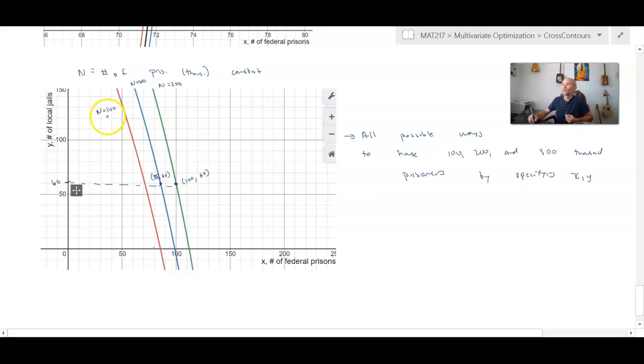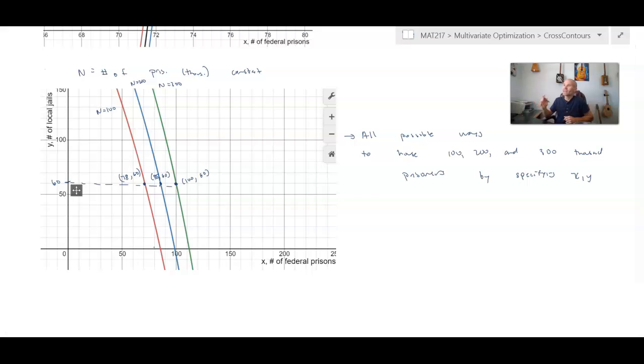But let's say I only had 100,000 prisoners and 60 local jails. Well, in that case, I would need only about 70 federal prisons while maintaining those 60 local jails, and now I could put 100,000 prisoners in there.